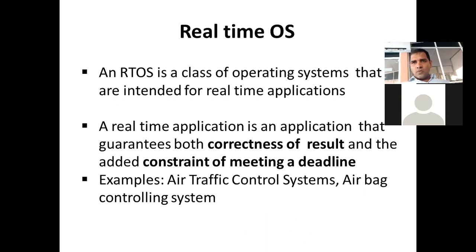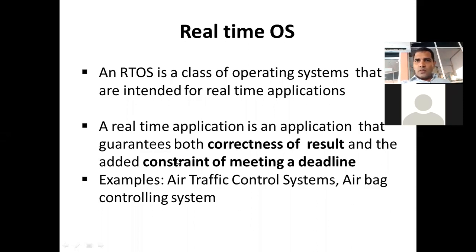So that's why we need this kind of operating system. Generally, real-time operating systems are perfect. There are no mistakes, no errors. They work in a highly accurate manner, which is always expected. At the same time, like I mentioned earlier, there is no delay at all. So these two things are satisfied by a real-time OS.